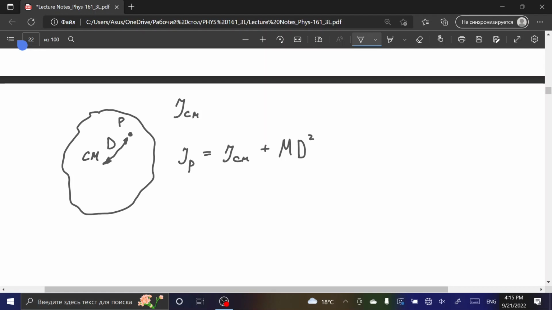According to the theorem, the moment of inertia with respect to an axis which goes through any point of the rigid body will be equal to the moment of inertia with respect to the axis which goes through the center of mass plus the product between the total mass of the body and the square of the distance between the center of mass and this point. So what we need to know is the moment of inertia about the center of mass.